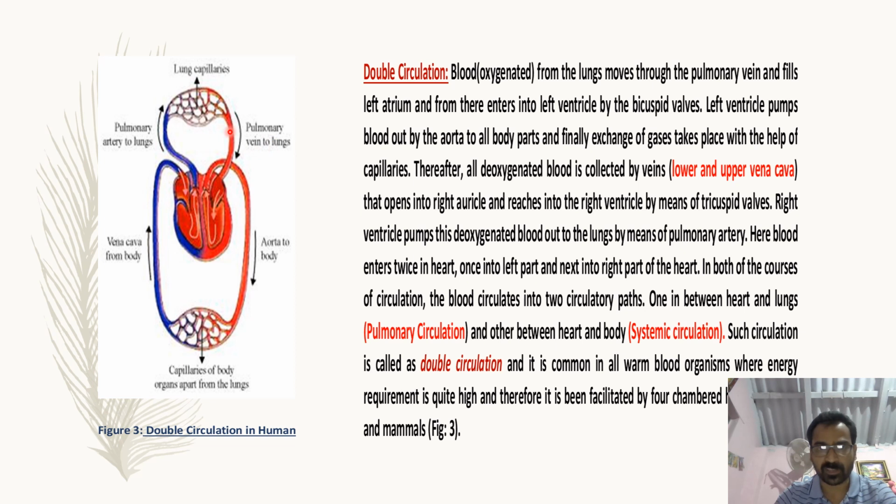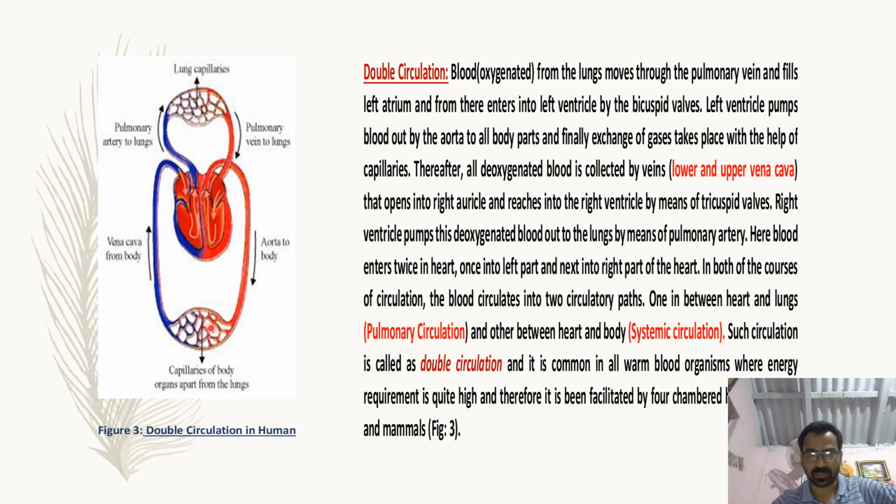From there the blood moves down to the left ventricle through the bicuspid valve. Then it is pushed outside by ventricular pressure, and it is delivered by the aorta to the cells and tissues of the body.